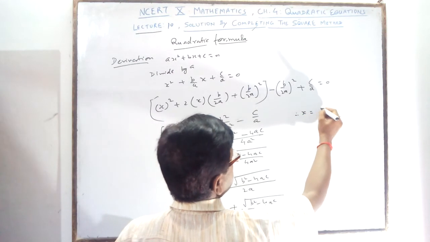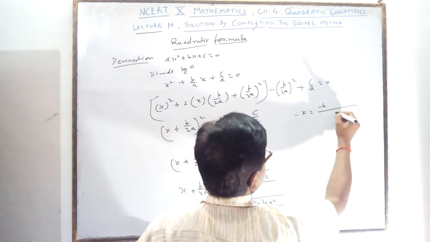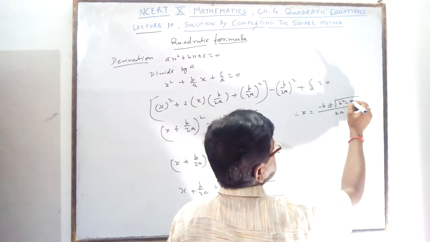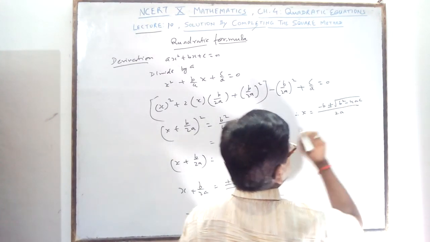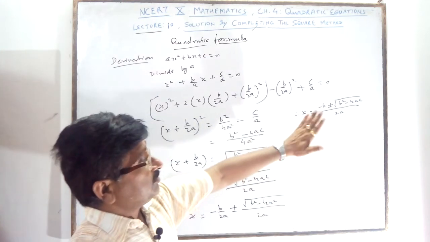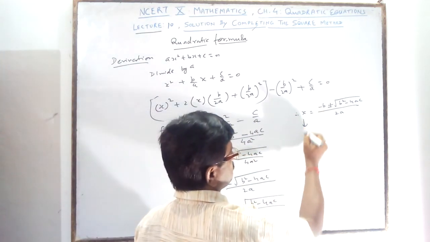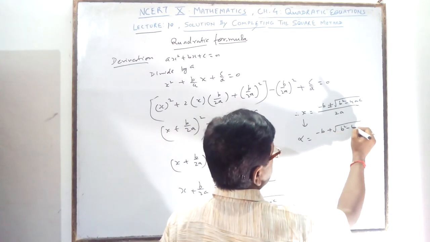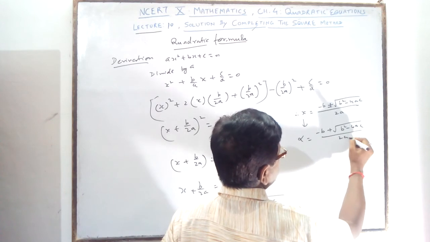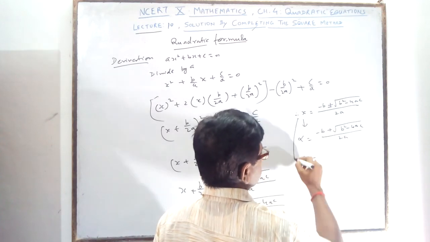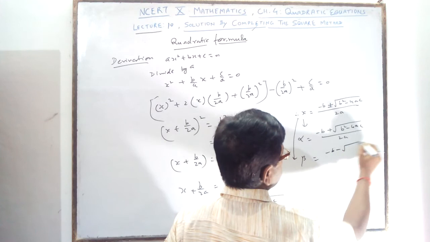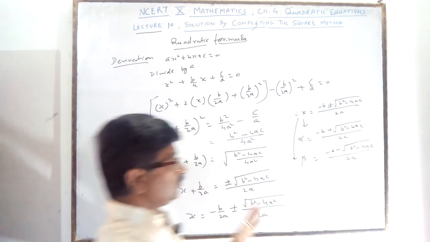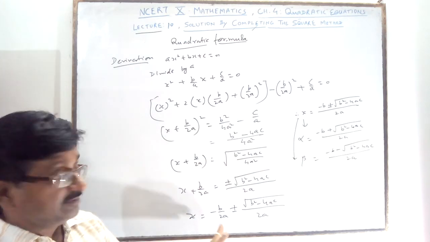So x is equal to minus b plus minus under root b square minus 4ac, upon 2a. This I have told you: it gives two roots with two names, alpha is minus b plus under root b square minus 4ac upon 2a, and beta is minus b minus under root b square minus 4ac upon 2a. I have told you this in the first condition of the discriminant.